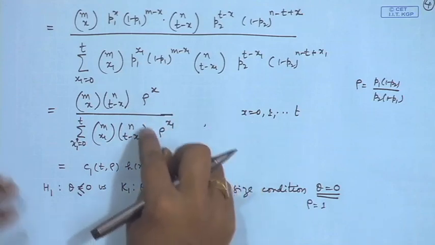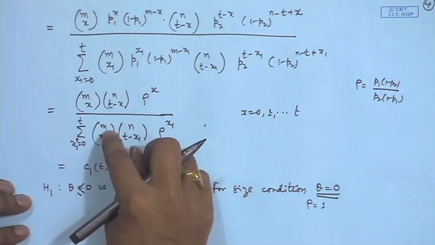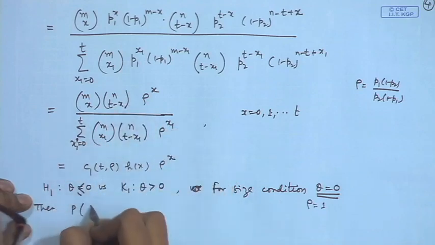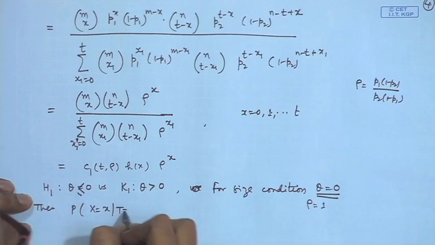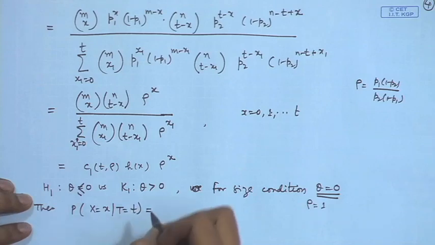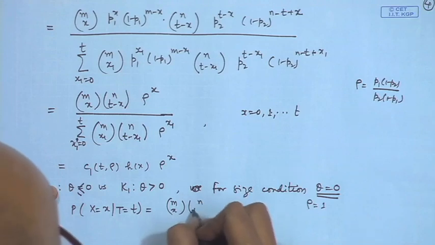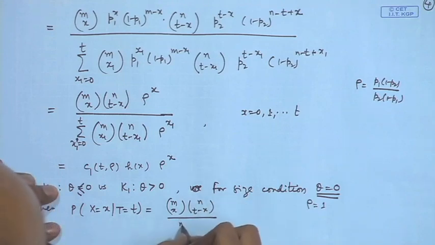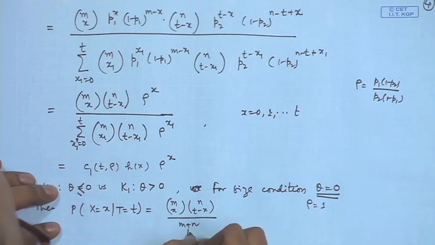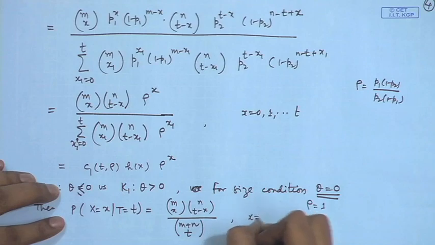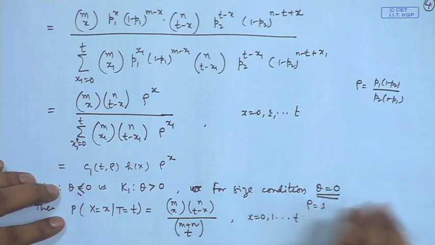If this term goes away, the denominator will be added up as m plus n c t. Then this probability of X equal to x given T equal to t is becoming simply m c x, n c t minus x divided by m plus n c t. This is for x equal to 0, 1 to t.